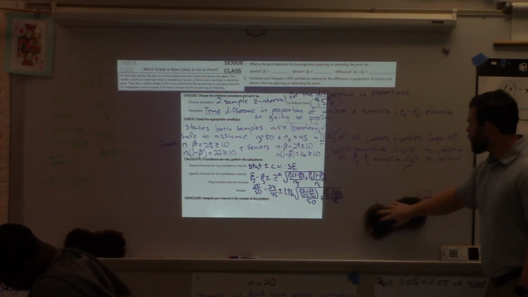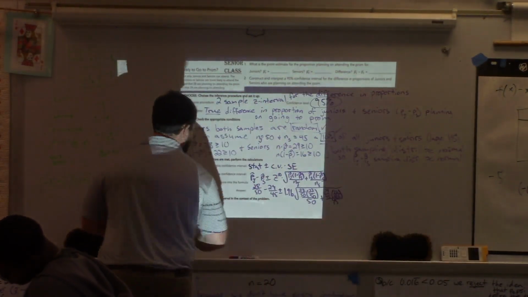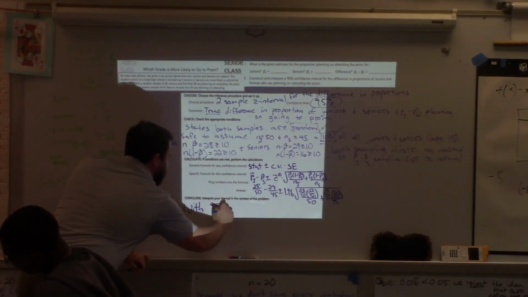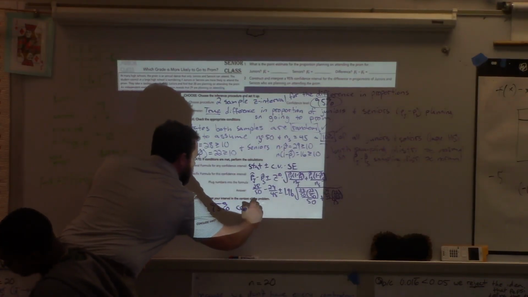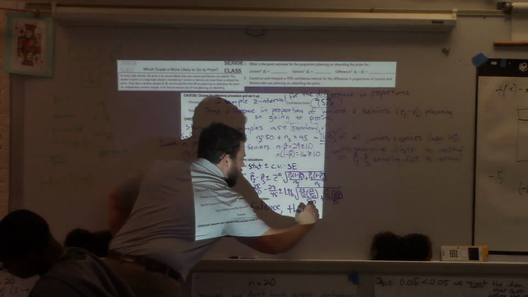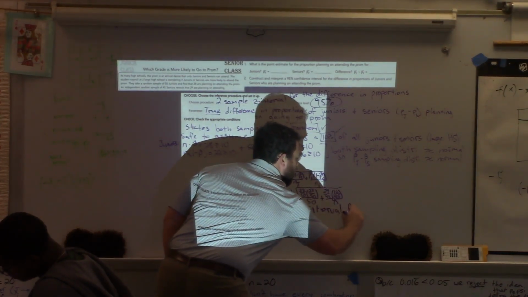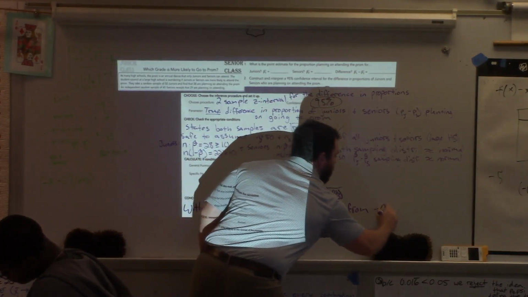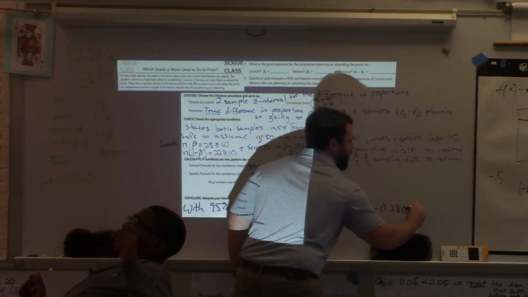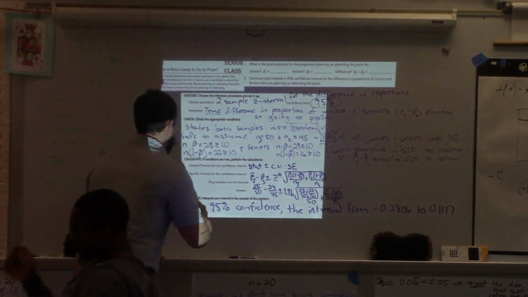So how do we start by interpreting an interval? We are 95% confident. With 95% confidence, the interval from negative 0.2806 to 0.1117 captures what?